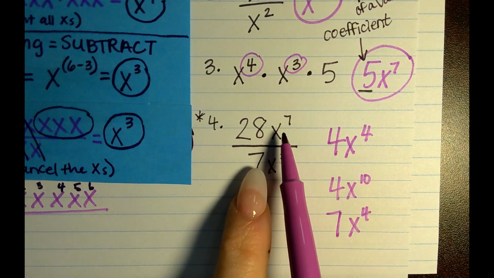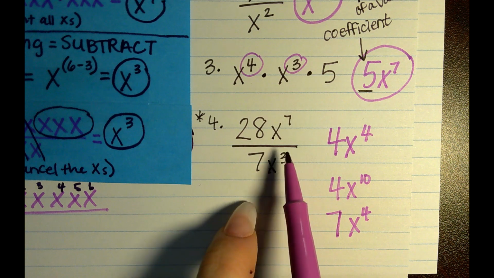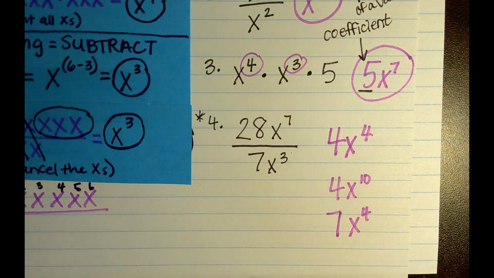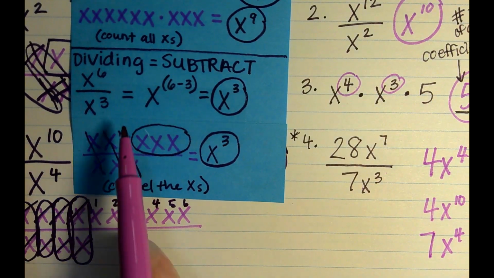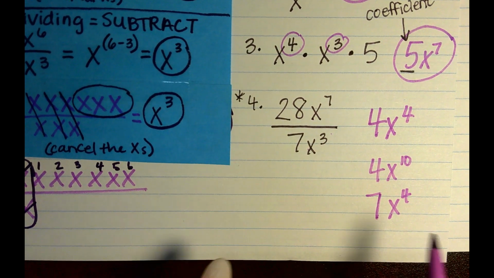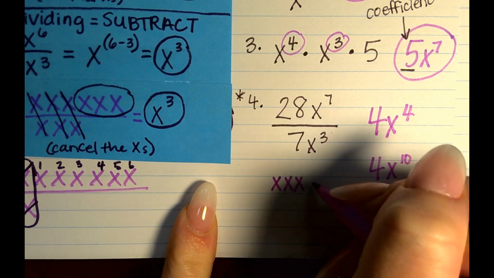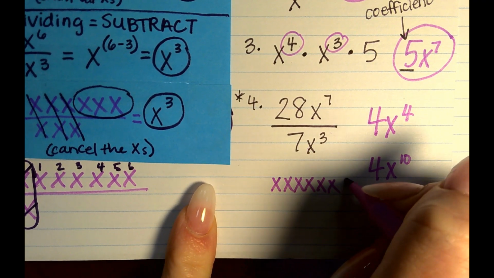Subtract. So remember when we have a division problem, x to the 7th divided by x to the 3rd, we are crossing out and canceling the x's to see what's left over. We're subtracting. So I'm going to write out a picture too. 1, 2, 3, 4, 5, 6, 7.